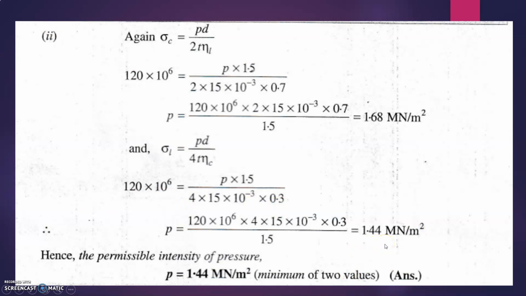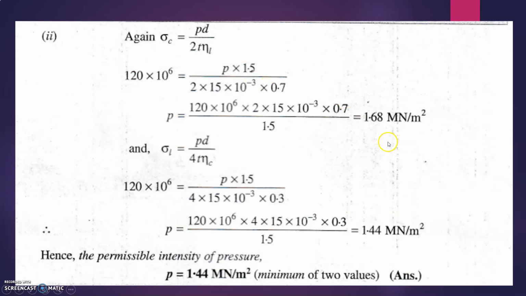Here also the permissible intensity of pressure is the minimum of the two values, so P is equal to 1.44 MN/m². Like this you can calculate the maximum diameter and the permissible intensity of pressure. You have to calculate for both circumferential and longitudinal stress and take the minimum value.